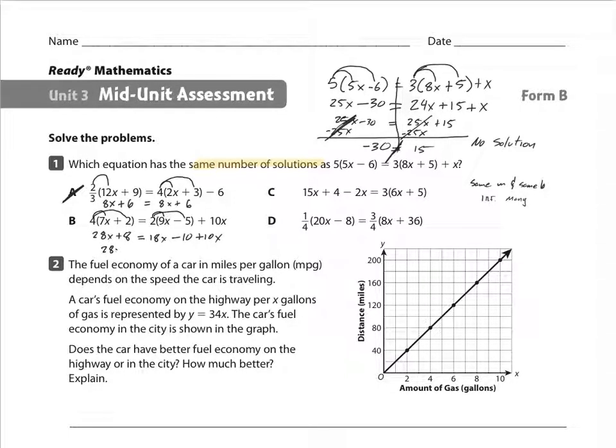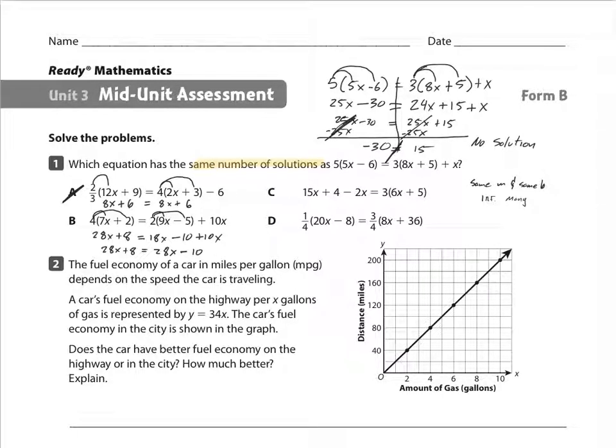And I'm going to rewrite this as 28x plus 8 equals 28x minus 10. Now, as you can tell in this one, you have 28x in both sides. So it's the same slope. Now look at the y-intercept. We have 8 as your y-intercept and negative 10.